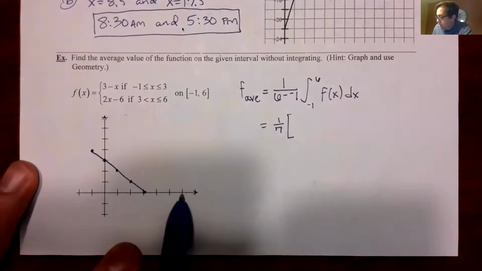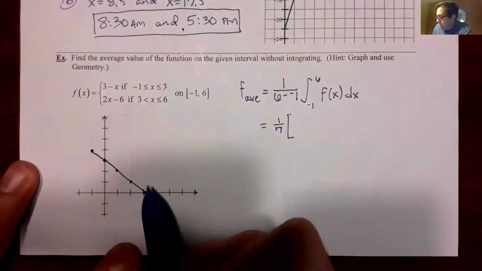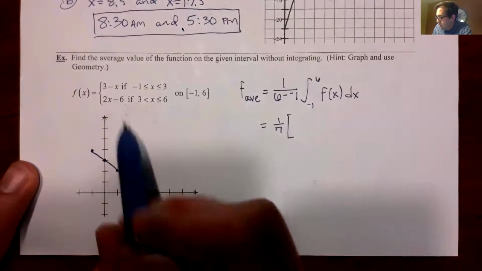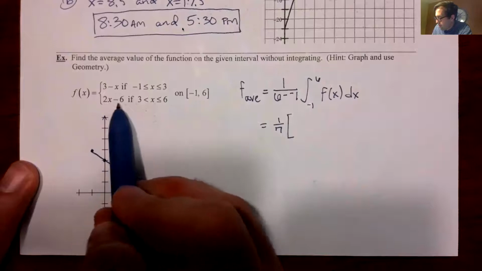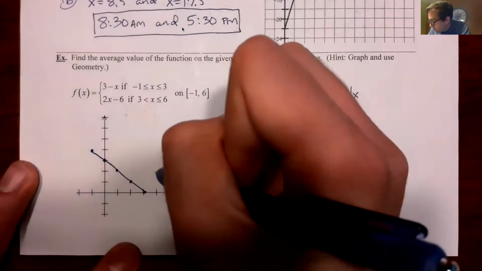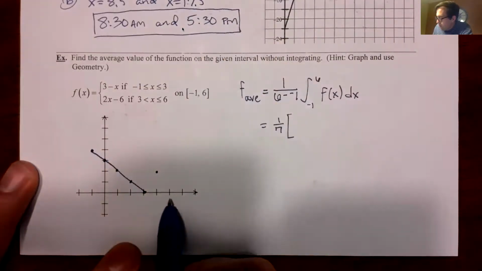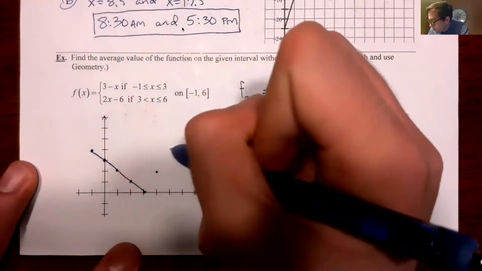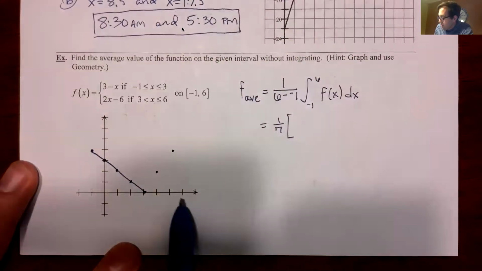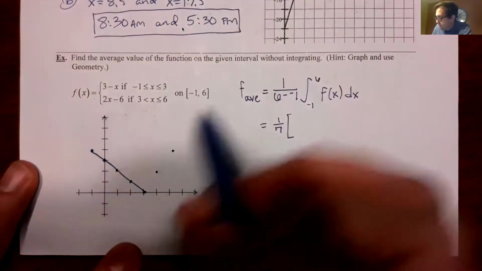And then from 3 to 6, we're going to graph 2x minus 6. So 3 is 6 minus 6 is 0. At 4, we have 8 minus 6 is 2. 5, 10 minus 6 is 4. And 6, 12 minus 6 is 6.